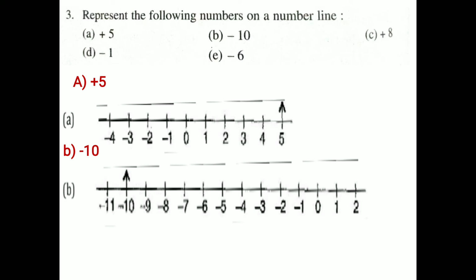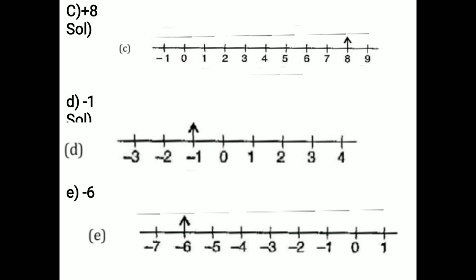So I have made the first figure for you and you have to put an arrow on the number plus 5. This is plus 5. Now minus 10. Minus 10 will be on the left hand side. 0, then minus 1, minus 2 like that you write, and when minus 10 comes put an arrow over it. Clear? As I made. Now for the C part, you make a line, put 0 in the center, here you write minus 1, minus 2.